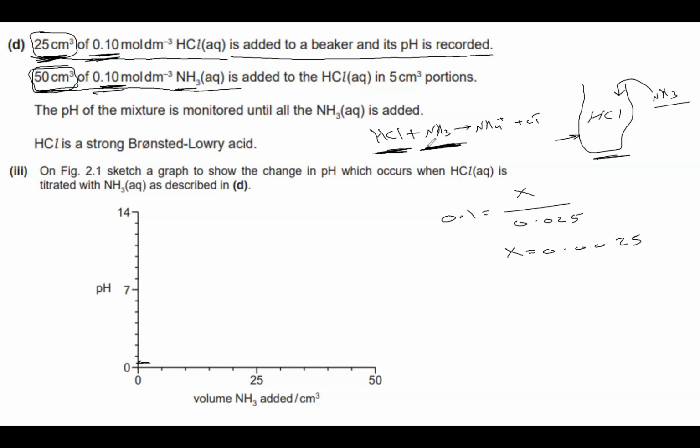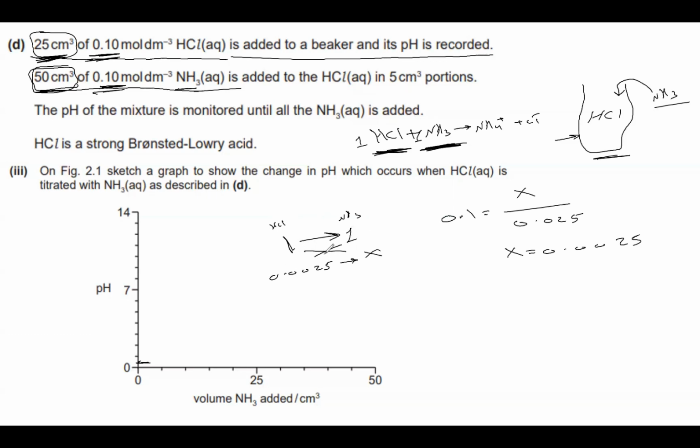As you see here, guys, 1 mole of HCl reacts with 1 mole of NH3, so we can write it this way: 1 mole of HCl reacting with 1 mole of NH3. So if I have 0.0025 of HCl, it reacts with X of NH3. Cross multiply them.